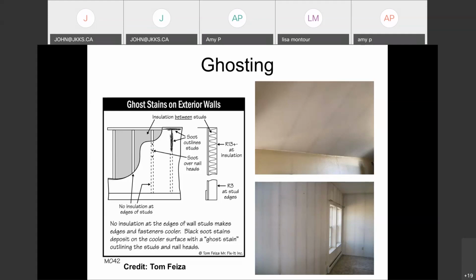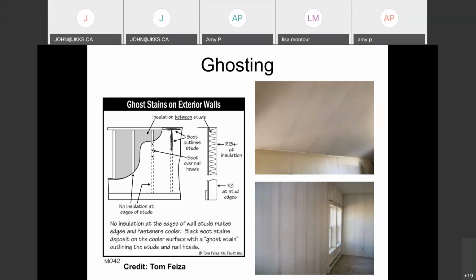Now, it's not going to happen right away. It's going to take living in a house for a little while for this to occur. So we can see here, for example, we have an R13 plus insulation or an R3 at the stud edges. So again, you have to think about R13 as the insulation value and R3 as the actual wood stud.